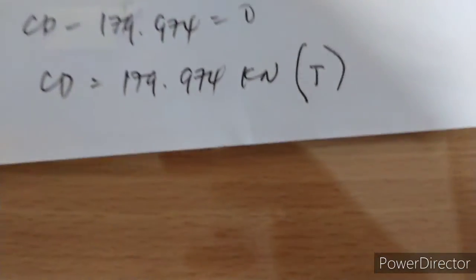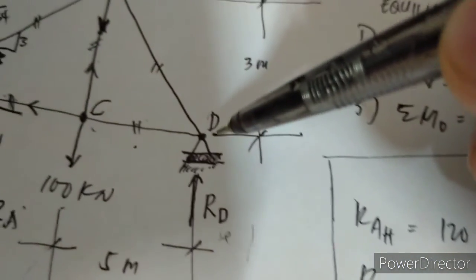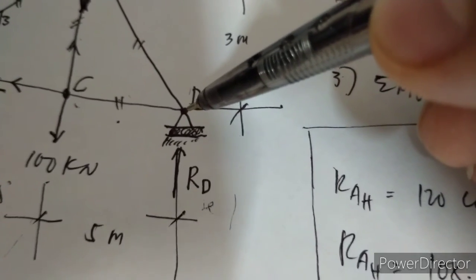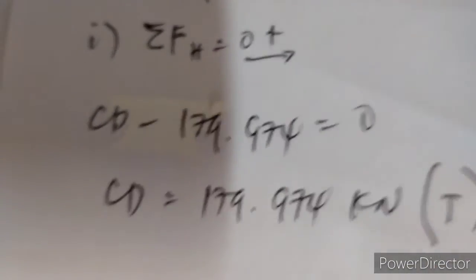Anyway, we can also use joint D. Let's try to solve joint D to see if it will give us the same answer for CD. It's actually just counter checking.